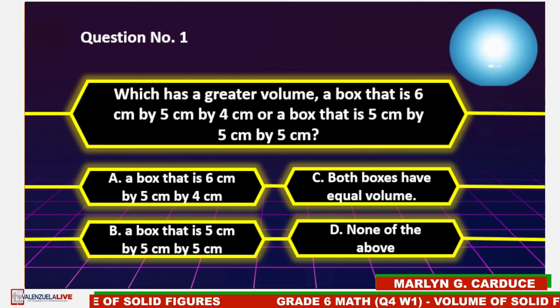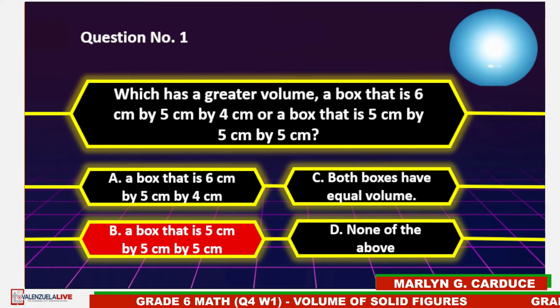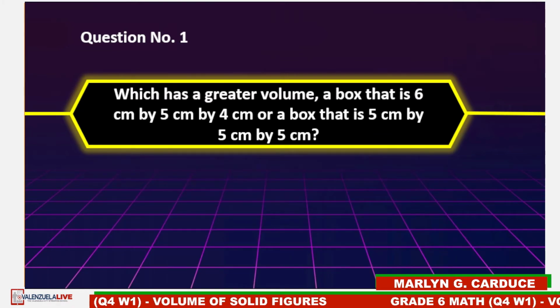Okay, time's up. So the correct answer for question number 1 is letter B, a box that is 5 centimeters by 5 centimeters by 5 centimeters.